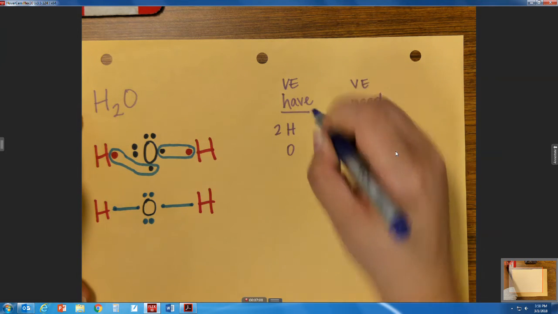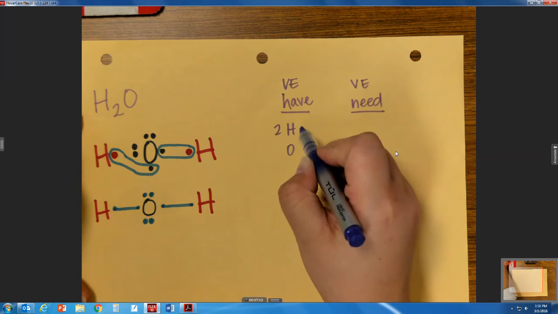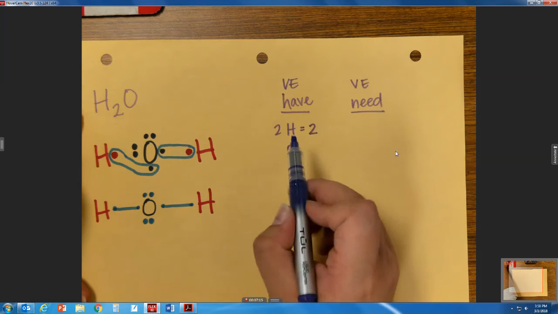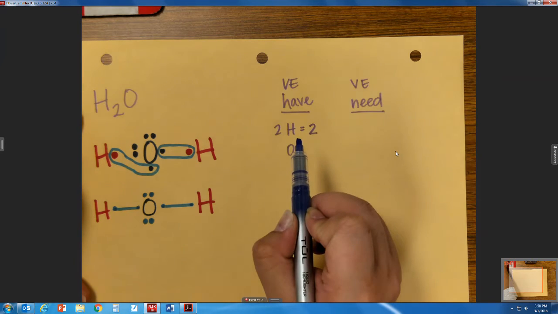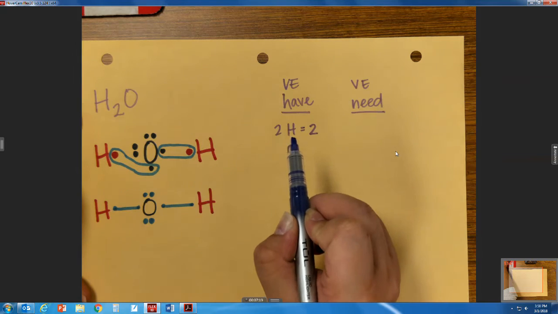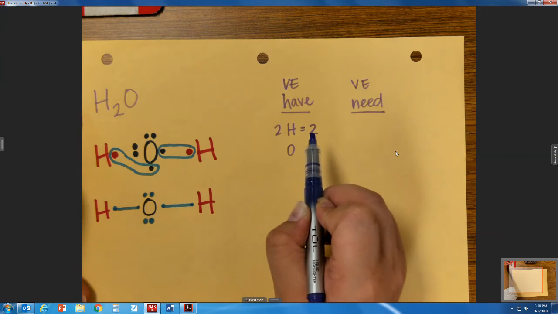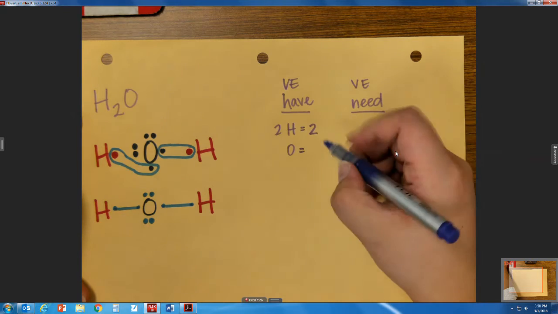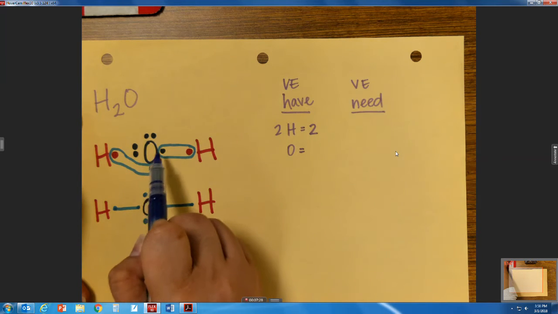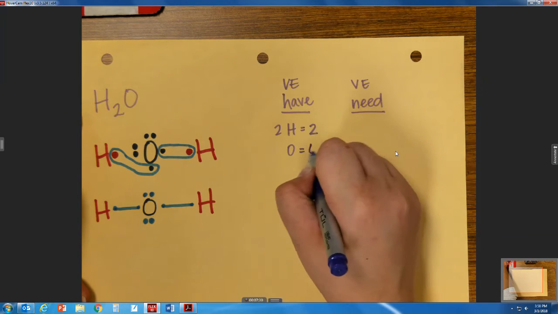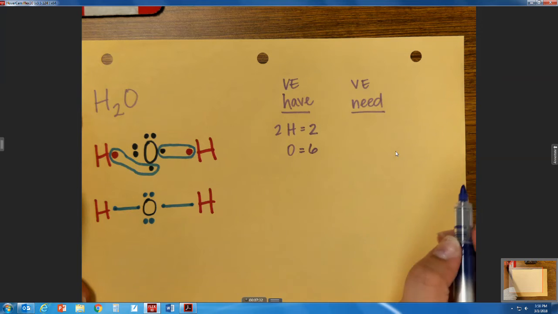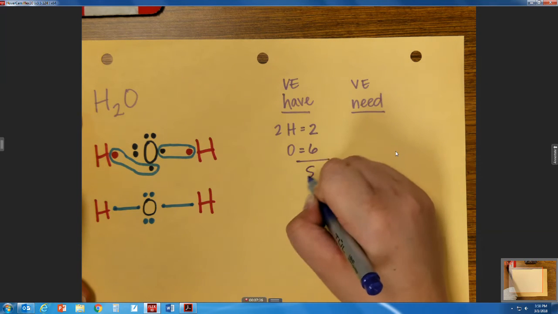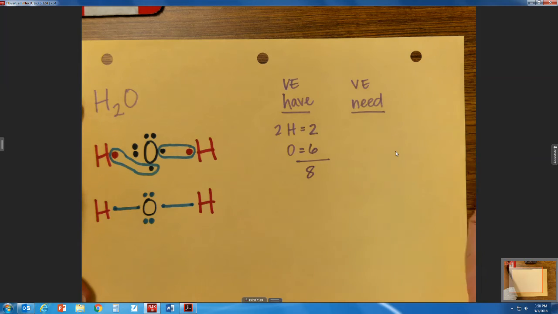So we have a total of 2 valence electrons for hydrogen. Remember, they have 1 valence electron each, but we have 2 hydrogens, so we have a total of 2. And then oxygen, we only have 1 oxygen, but oxygen has 1, 2, 3, 4, 5, 6 valence electrons. So that is a total of 8 valence electrons that we have.